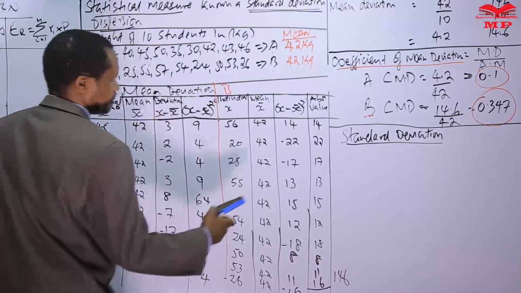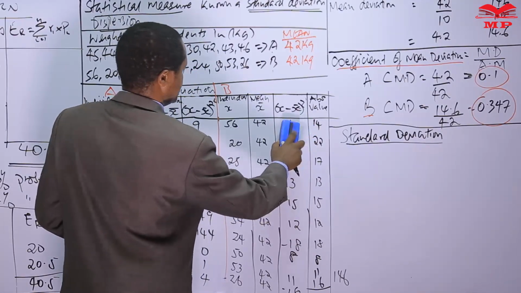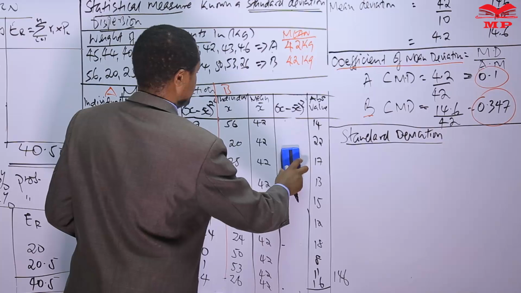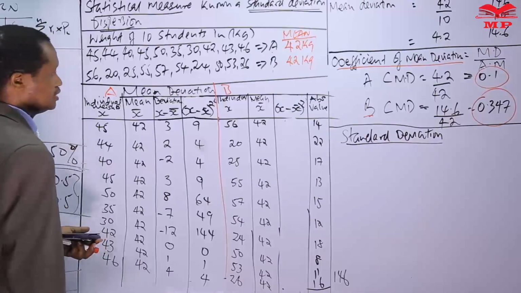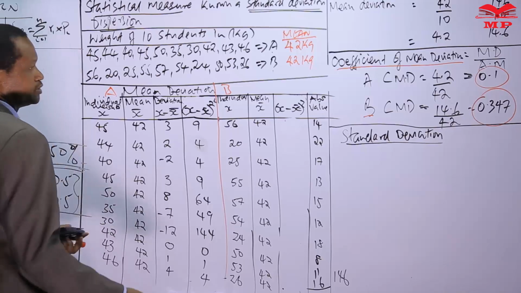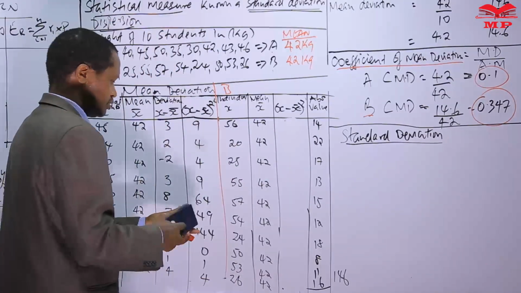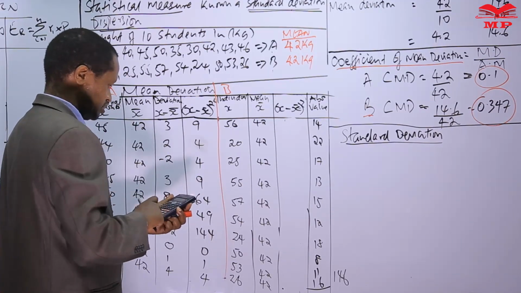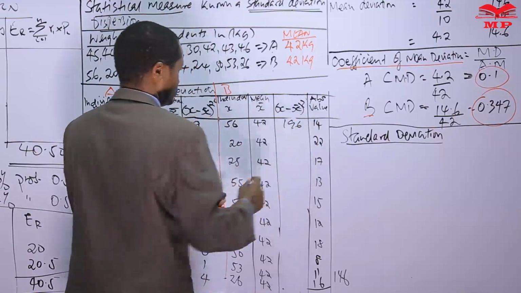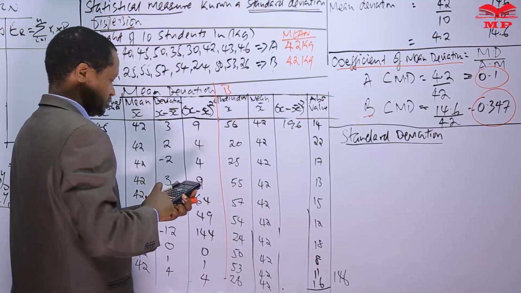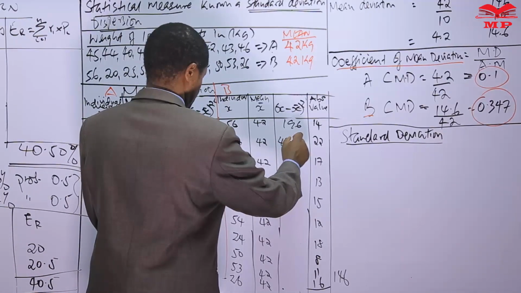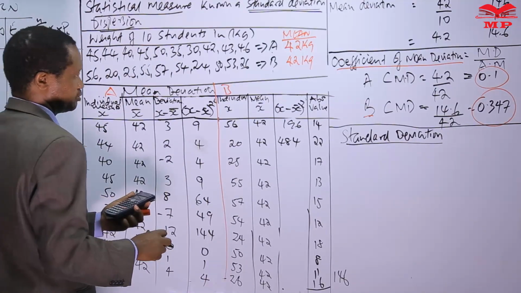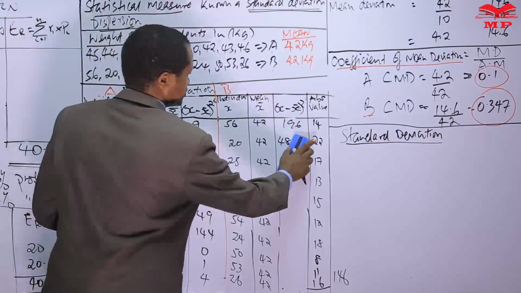So 14 squared is 196, 22 squared is 484.